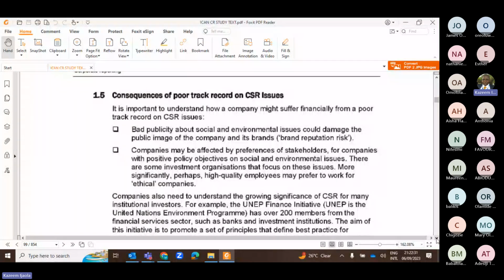So if you don't do CSR, what are the implications? The first one is that you are going to have bad publicity. For example, during the #EndSARS protests, let me give you a live scenario. One of our showrooms was about to be attacked by hoodlums. Guess who protected us? Even the police ran away.